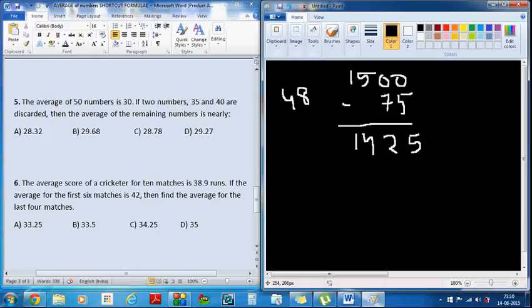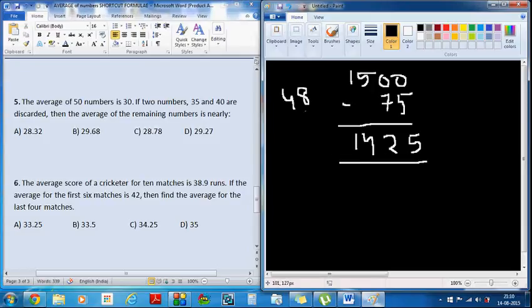So now the remaining sum, the sum of 48 numbers, is 1425. So what will be the average? The average is sum of values divided by number of values.